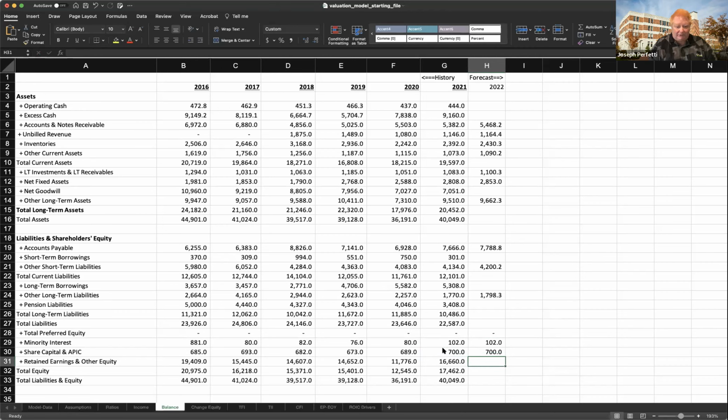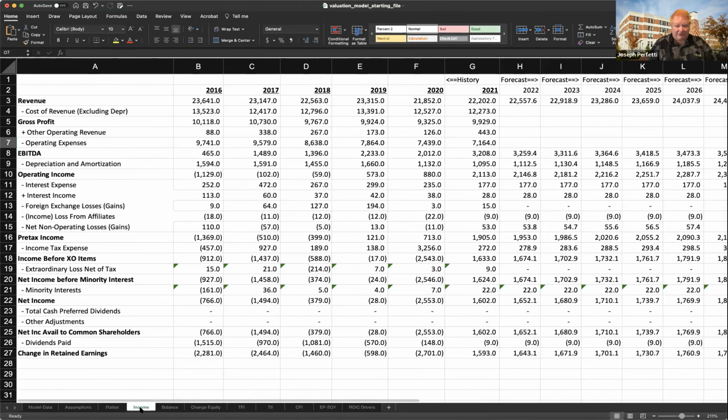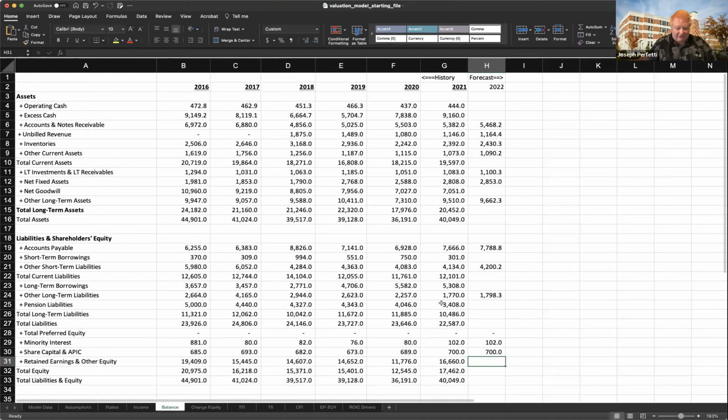The one thing that will change is retained earnings, because we know that retained earnings goes up based on the profitability of the income statement. On the income statement, we figured out how much retained earnings are going to go up. That was this row. It's net income minus the dividends. That's how much retained earnings should go up. So back to the balance sheet.